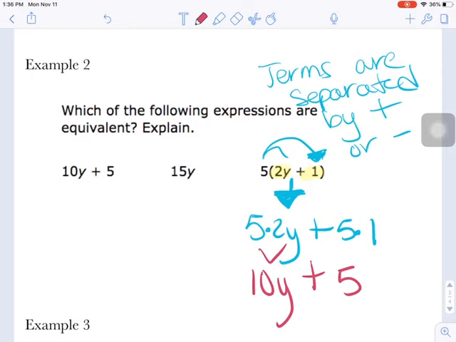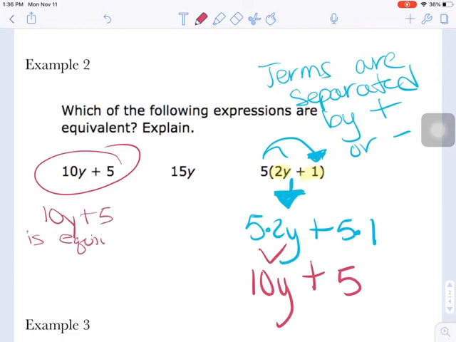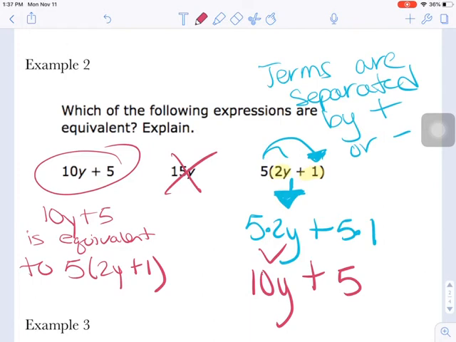And if you notice, this is exactly the same as our first expression. So we can say that 10y plus 5 is equivalent to 5 times 2y plus 1. And neither of them are equivalent to 15y, so I'm just going to cross that out.